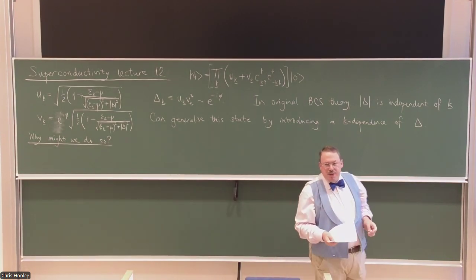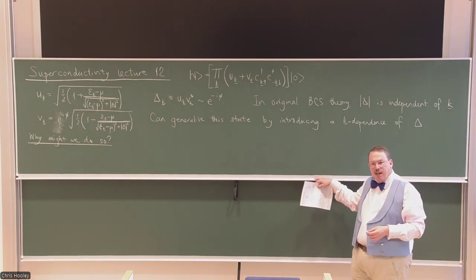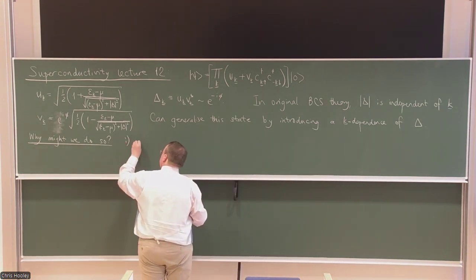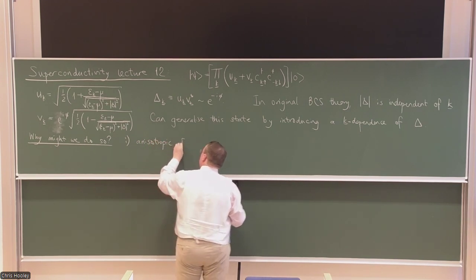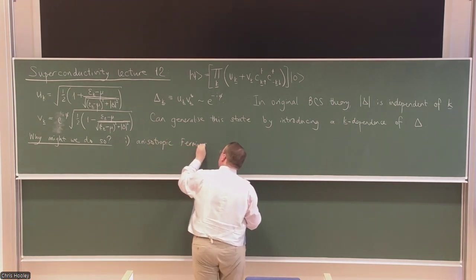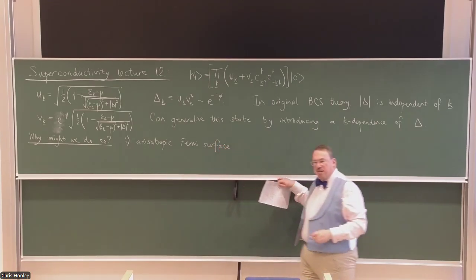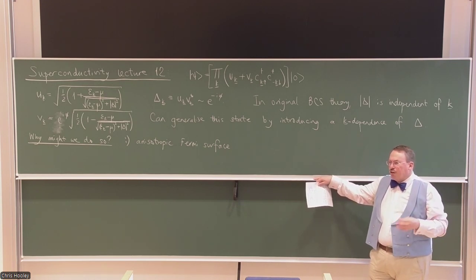There are at least 3 reasons why you might think that there should be at least some anisotropy in the superconducting order parameter. The first is that in any real material, we probably have an anisotropic Fermi surface. There are a few materials where the Fermi surface is very close to being cylindrical or spherical, but it's never exactly that, right?